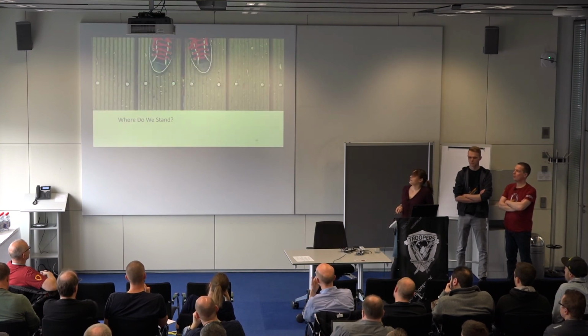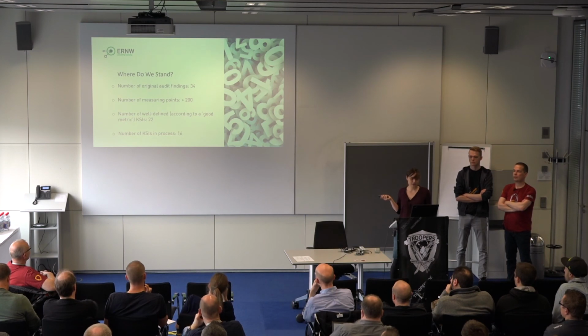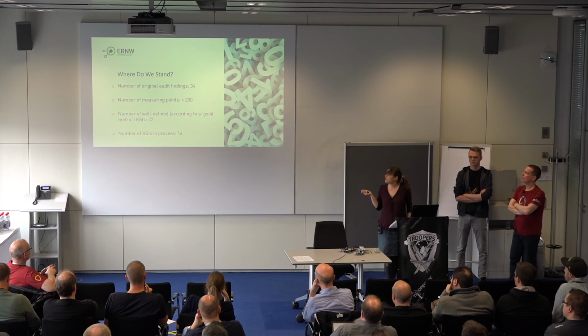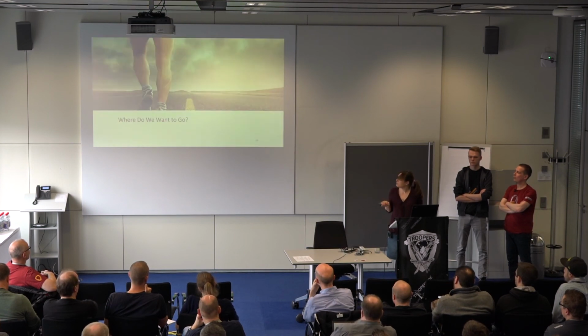Actually. So now, where do we stand? We had 34 original audit findings, over 200 measuring points. We have now just 22 KSIs, which are sufficient to be a good metric, and we're working on 16 more.